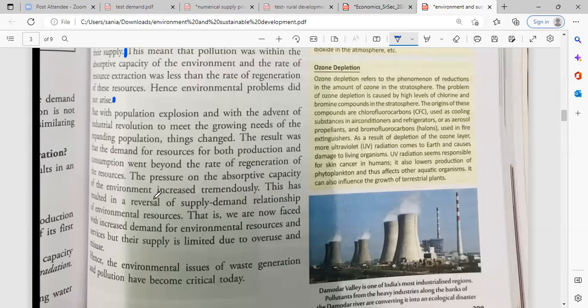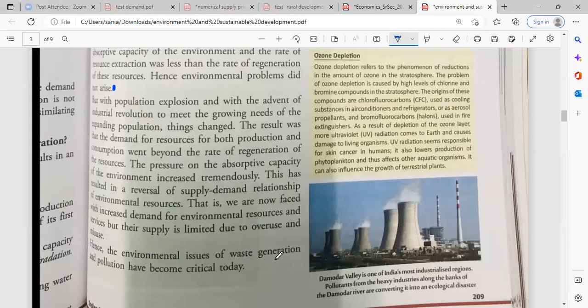This has resulted in the reversal of the supply demand relationship of the environment resources. That is, we are now faced with increased demand for environmental resources and services, but their supply is limited due to overuse and misuse. Hence, the environmental issues of waste generation and pollution have become critical today.